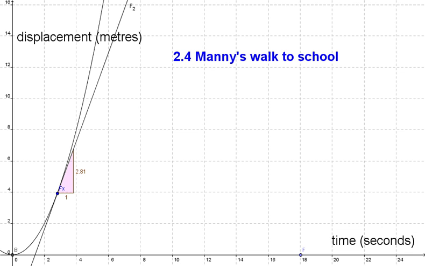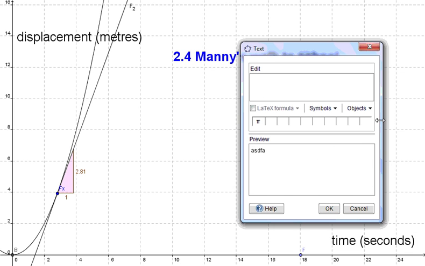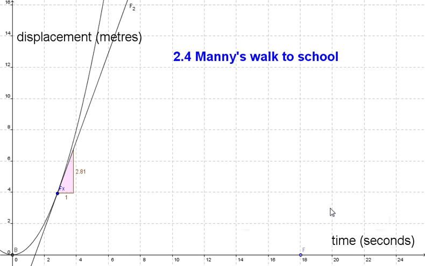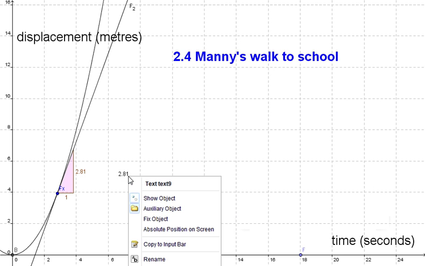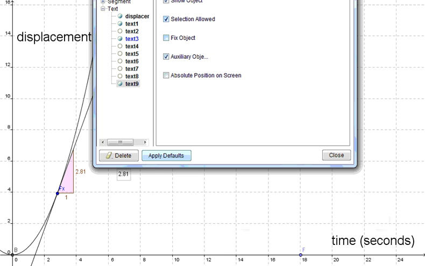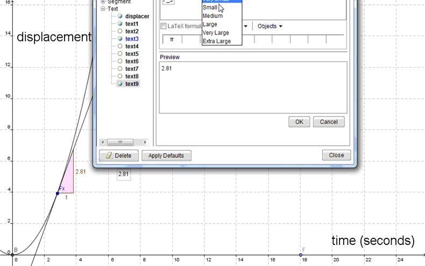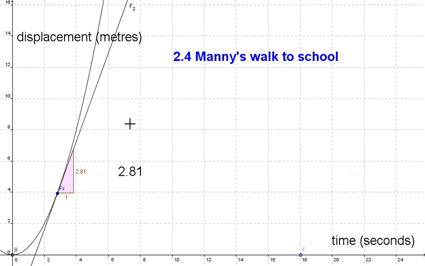I can add it again. And I want the slope of F3. There it is, 2.81. I'm just going to make it a little bit bigger so you can see. So there's my slope of that point.